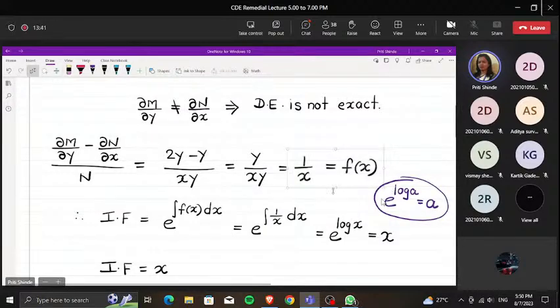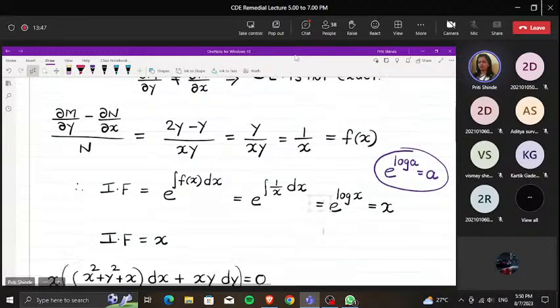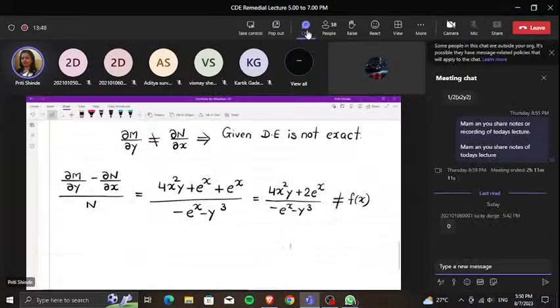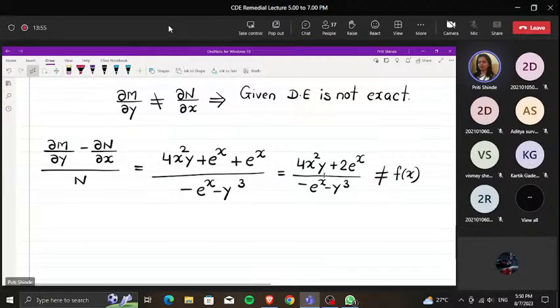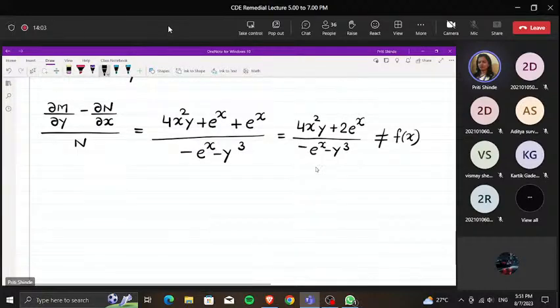So there we got 1 upon x. Since it is a function of x, you could apply rule number 3. But for the second example, we get a function of x as well as y. So rule number 3 is not applicable. Okay, so try for rule number 4.